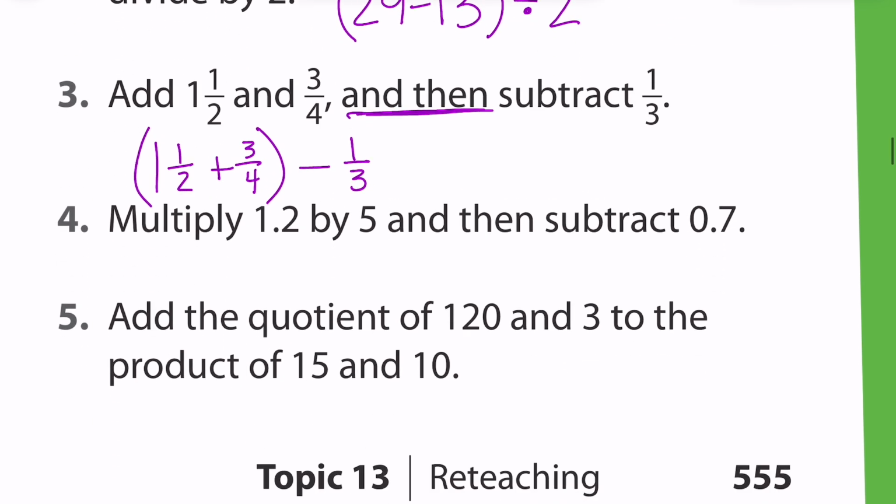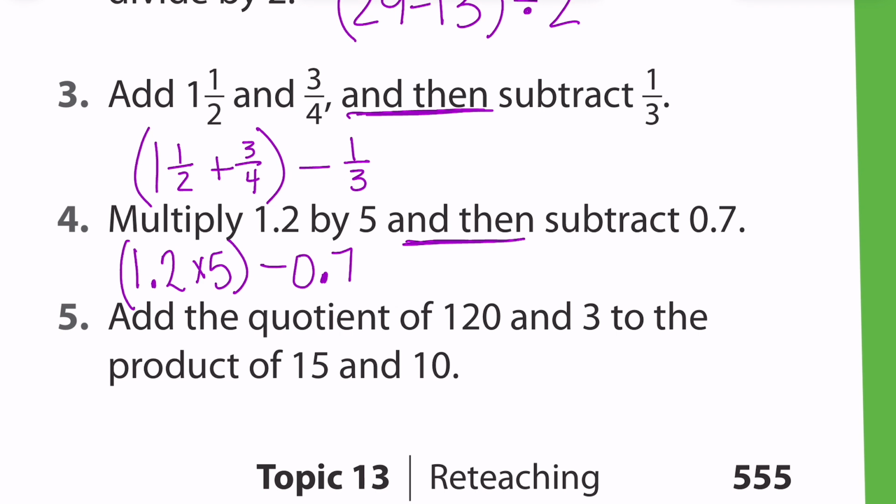Number 4, again, they have and then multiply 1.2 by 5 and then subtract 0.7. 1.2 times 5 and then subtract 0.7.